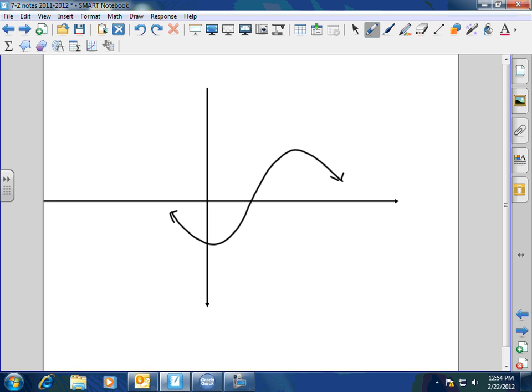Let me show you what happens here. Do you see how I have a 0 here? Eventually, I'm going to have a 0 here and a 0 here, correct? Do you see how in between the zeros, I have a turning point?